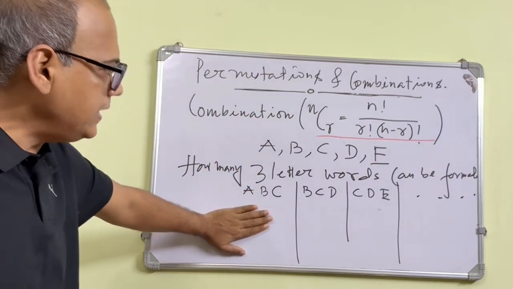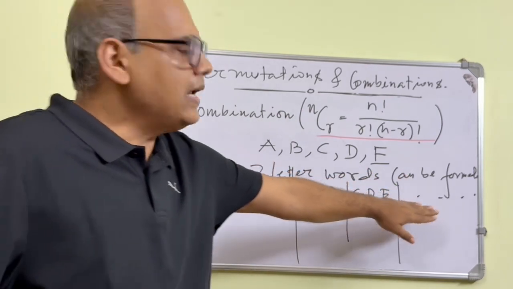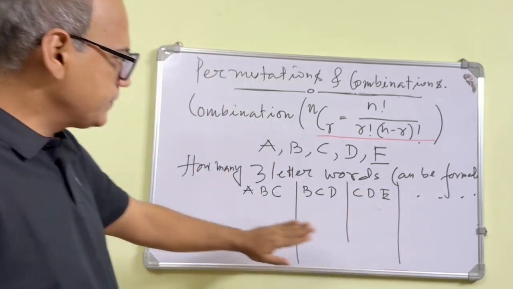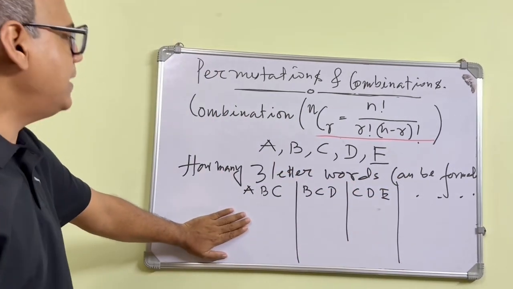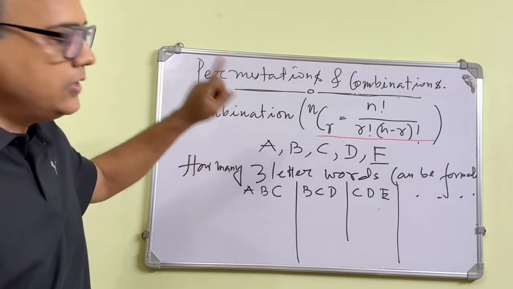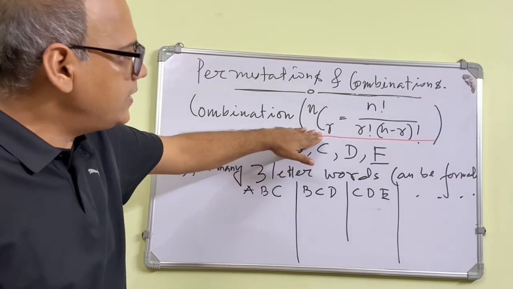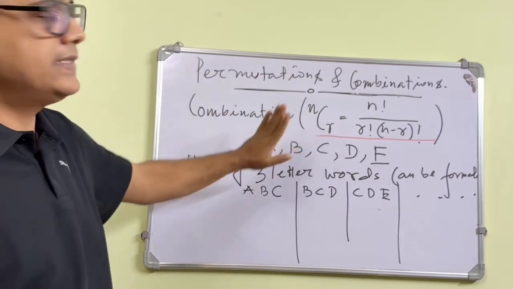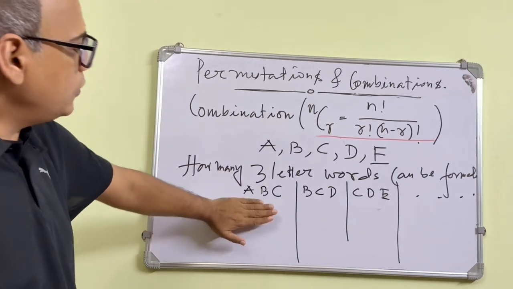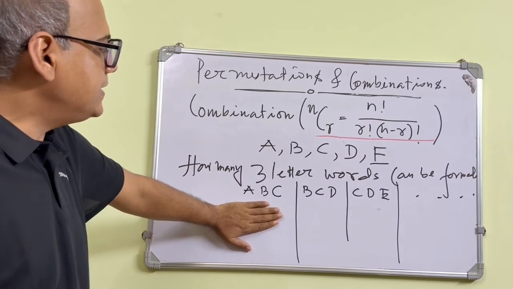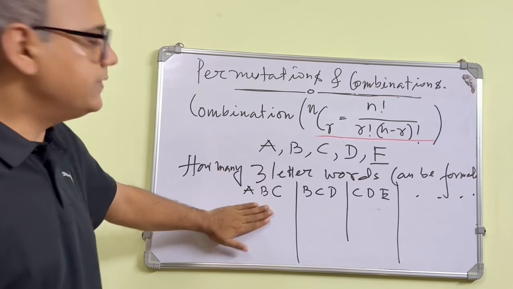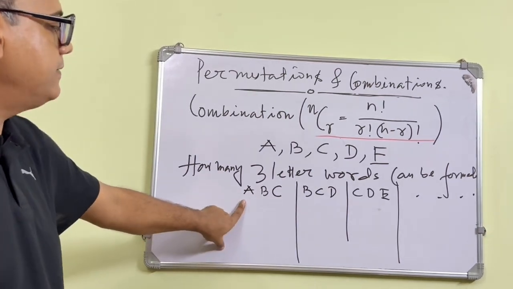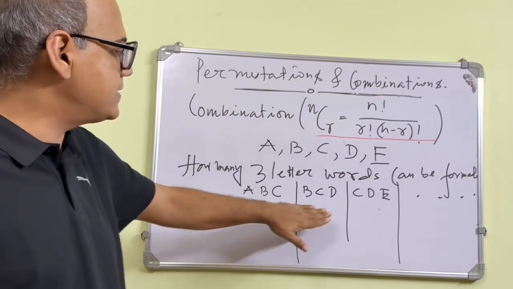I need to find the number of choices. So that is nothing but combination: choosing r distinct objects from a set of n distinct objects. In the first choice set, I have 3 letters A, B, C, in the second B, C, D, and so on and so forth.